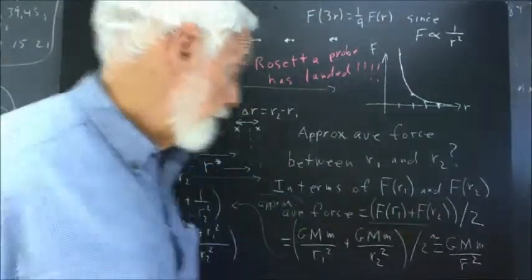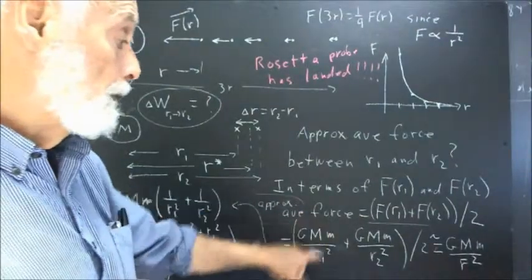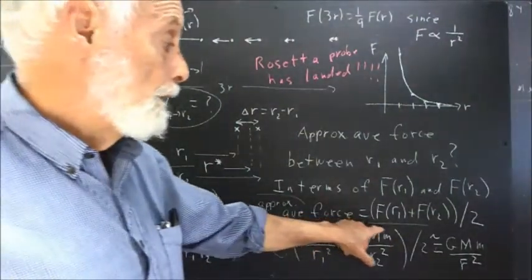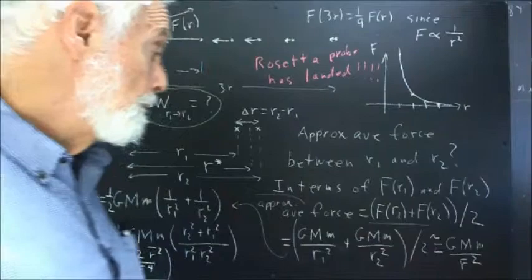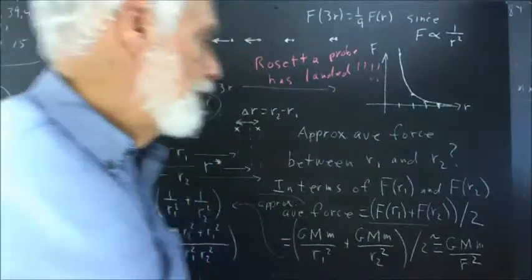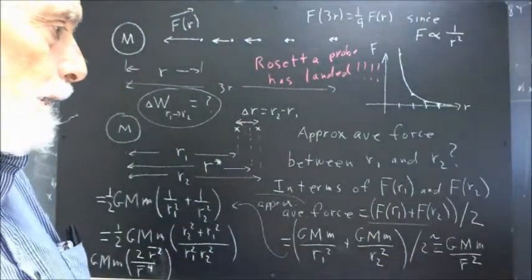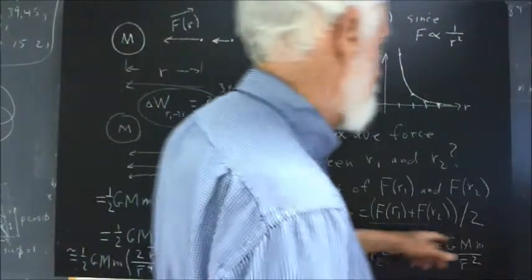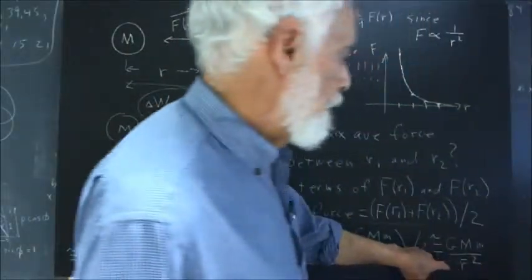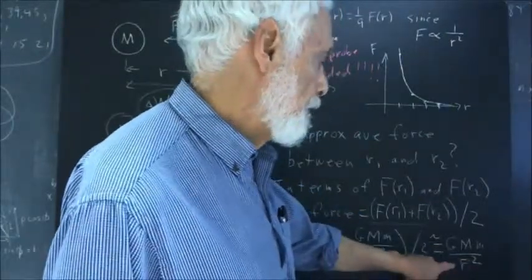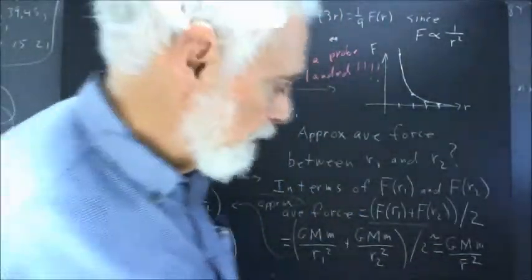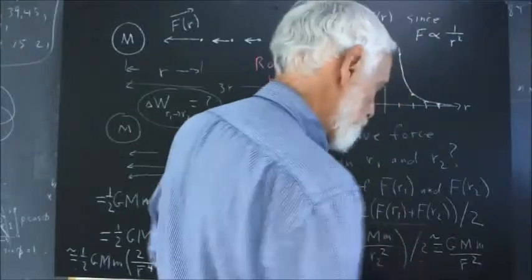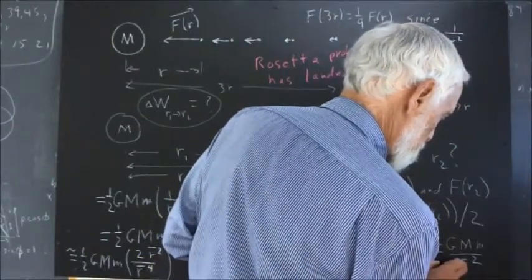Now, we can put that into symbols. Big G, big M, little m over R1 squared plus big G, big M, little m over R2 squared, divided by 2. And I'm going to say that's approximately equal to big G, big M, little m over R bar squared. Now that's an R bar. When I looked at it just a minute ago, I thought it looked a whole lot like an F, and I wondered what I'd written there.